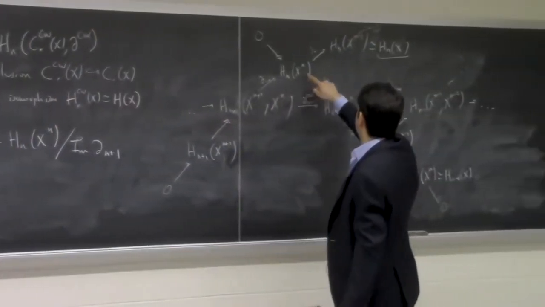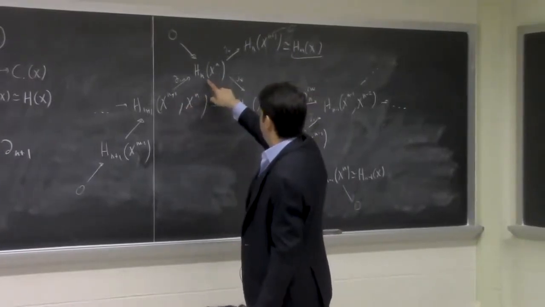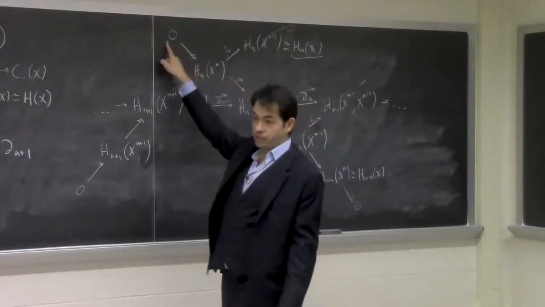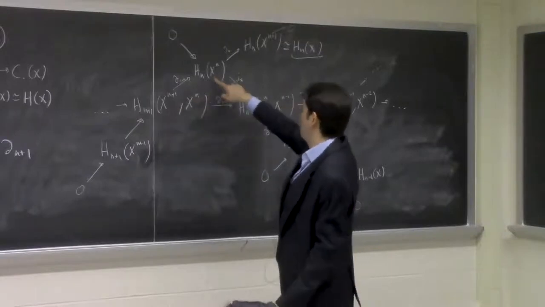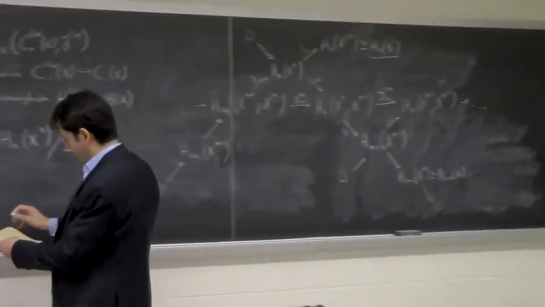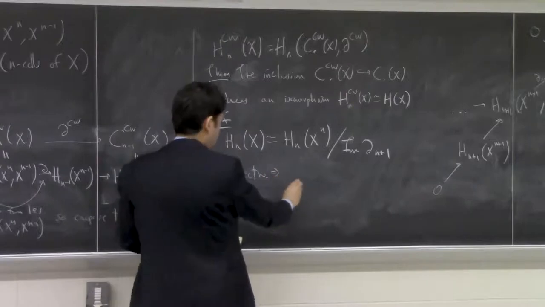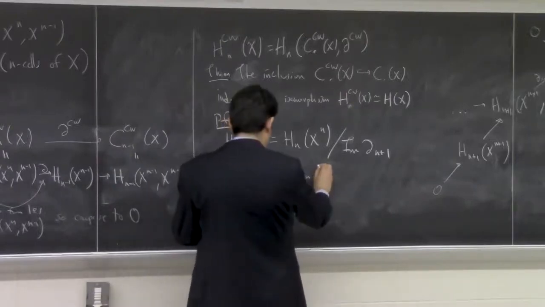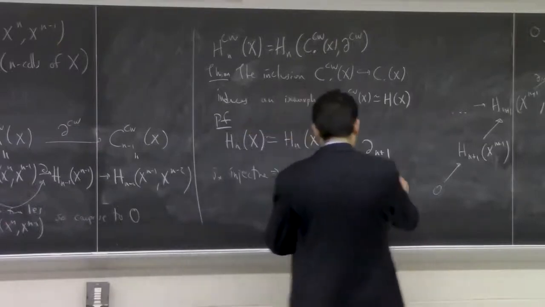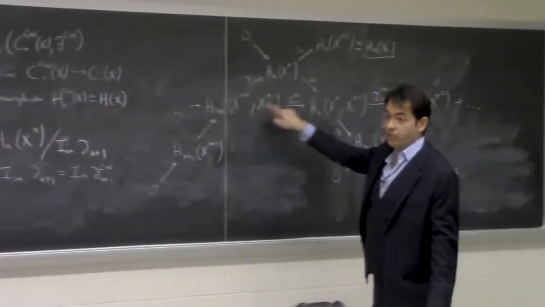Okay, great. So I have this group here and some subgroup that I'm modding out by. And now this guy is injective, right? Because I have a 0 over here. So I can take this subgroup over here and move it over here. So J star injective tells us that the image of this guy is the same as the image of this map because this commutes.